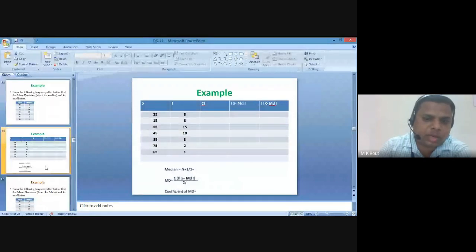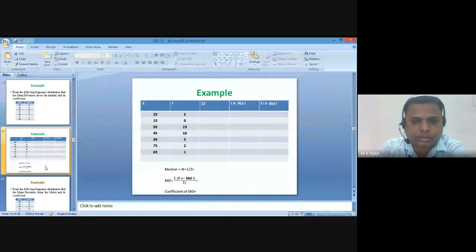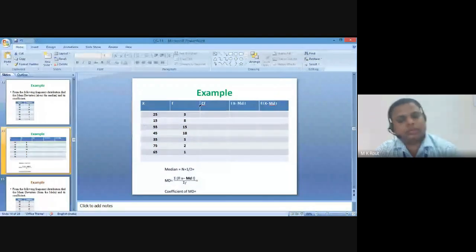First, you have to calculate the cumulative frequencies. From there, you have to calculate the median value. I repeat, the first column belongs to the x variable and the second column to frequencies. Then proceed to calculate the cumulative frequencies. What is the value of cumulative frequency for the first row? 3.